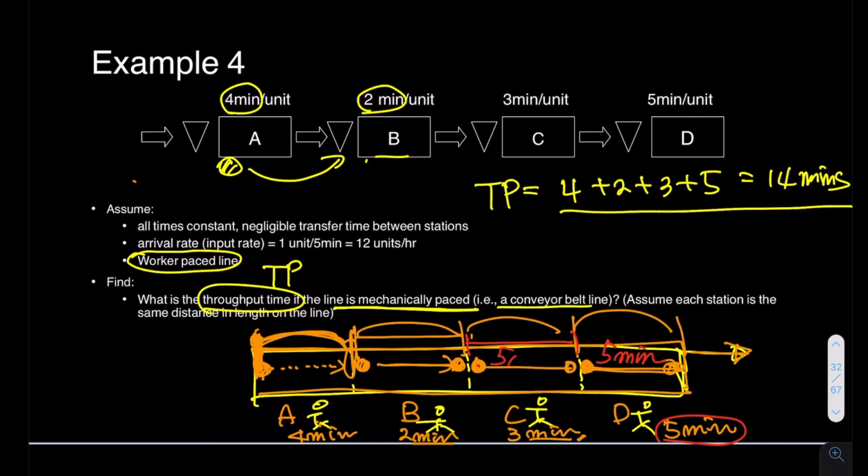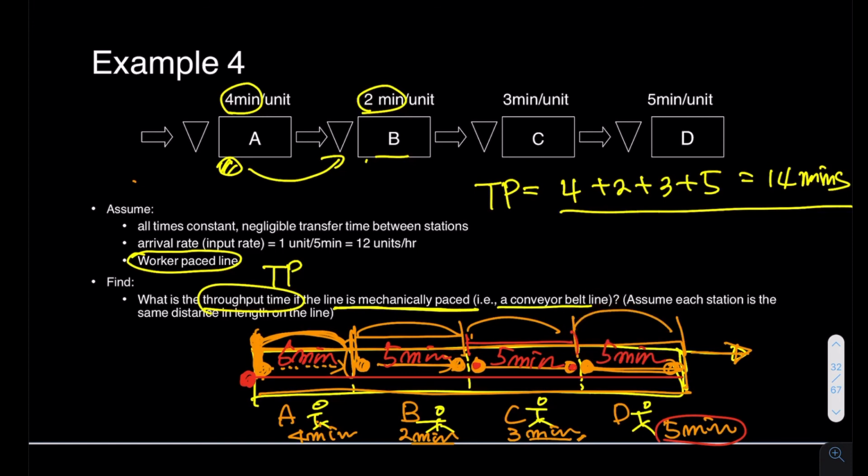Therefore, it will take again 5 minutes from this place to that place. Again, 5 minutes you will allow, 5 minutes you will allow. So if a material comes in here, it will stay 5 minutes here to there, 5 minutes here to there, 5 minutes here to there, 5 minutes here to there.